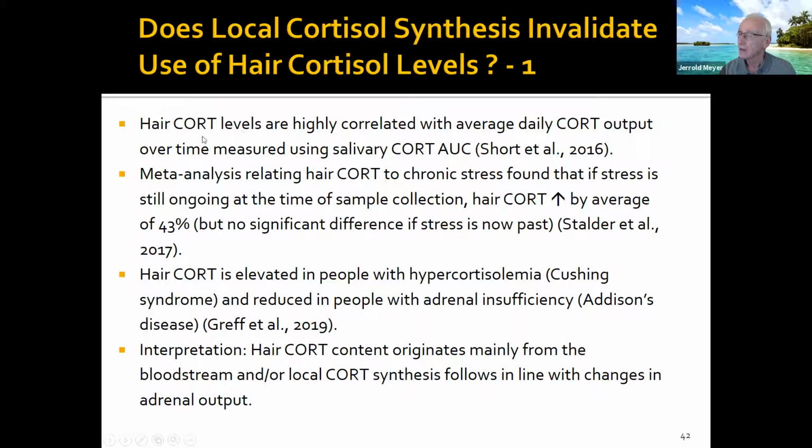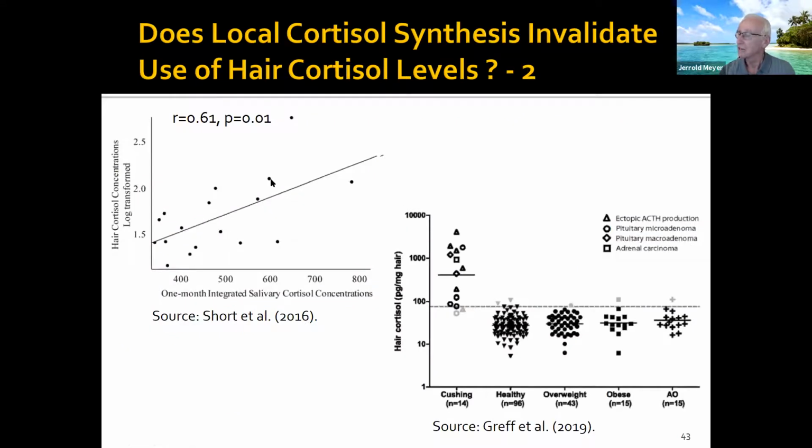First of all, hair cortisol levels are highly correlated with average cortisol output measured by salivary AUC. A couple of papers show this, and we've done this ourselves, although we haven't published it. The paper from Short, I think I have it here. Yes. This is a correlation of 0.6, not bad.